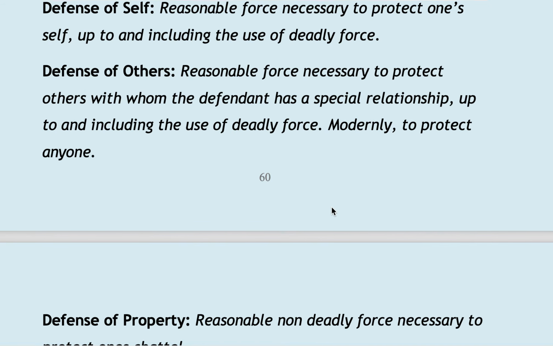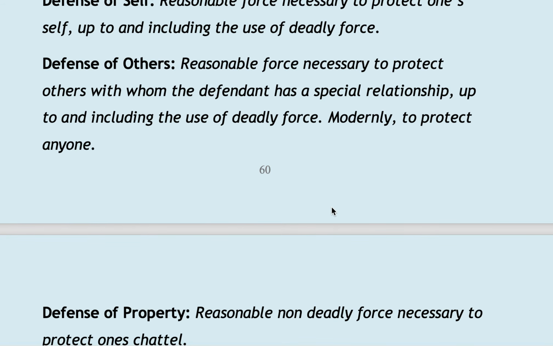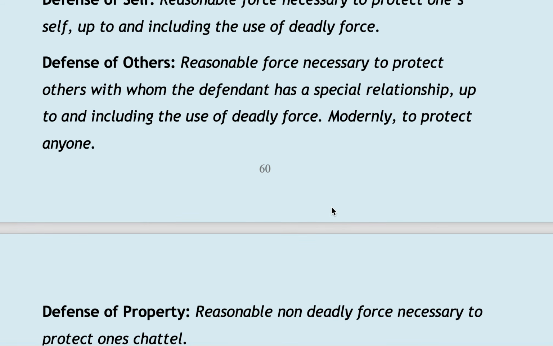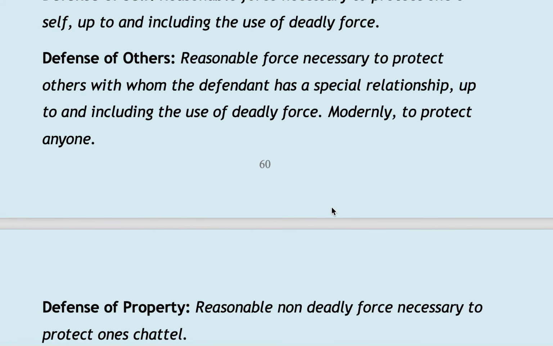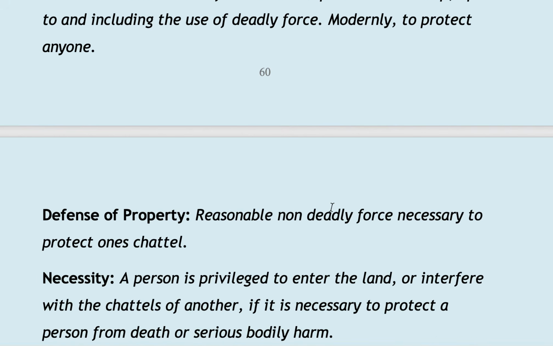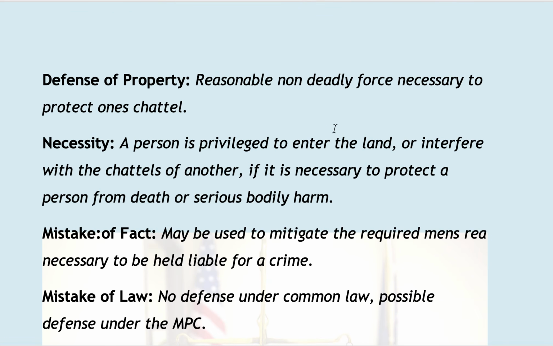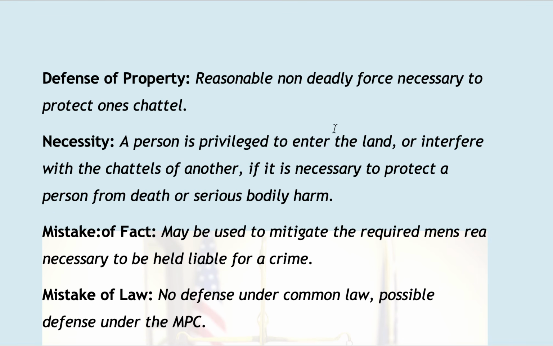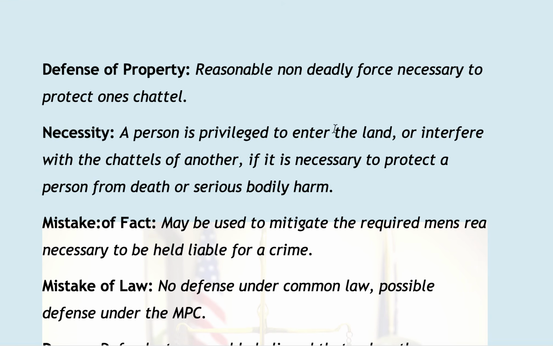Defense of others: reasonable force necessary to protect others with whom the defendant has a special relationship, up to and including the use of deadly force, modernly, to protect anyone. Defense of property: reasonable, non-deadly force necessary to protect one's chattel.